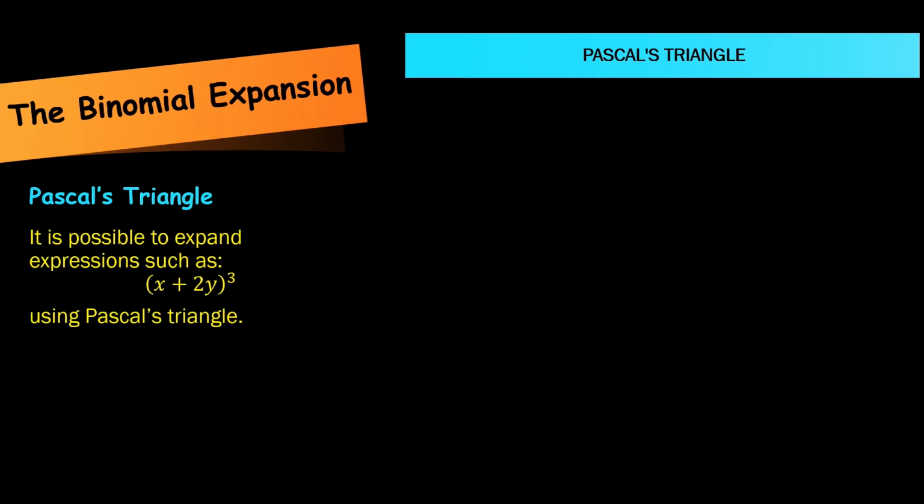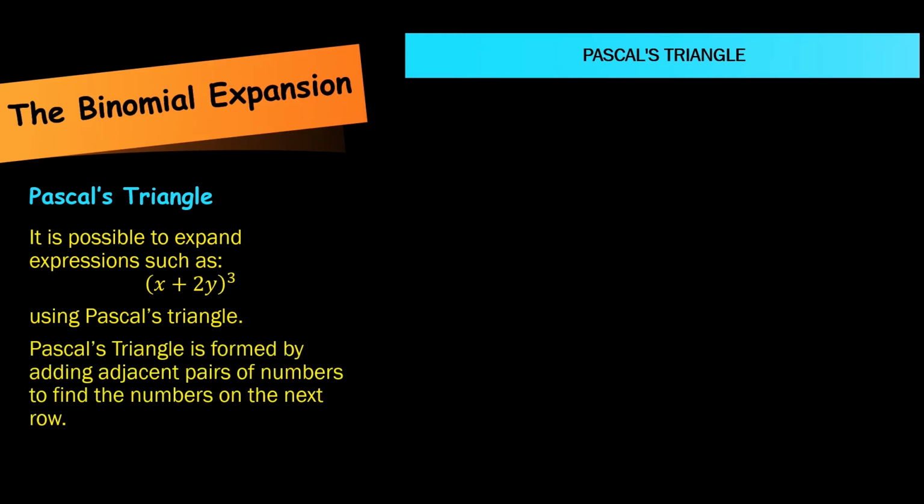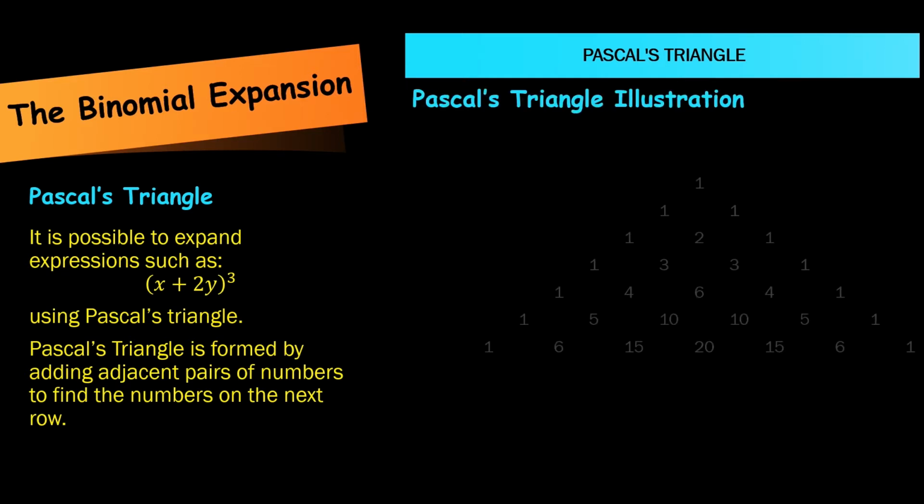It is possible to expand expressions such as x plus 2y all raised to the power 3 using Pascal's triangle. Pascal's triangle is formed by adding adjacent pairs of numbers to find the numbers on the next row. Let's illustrate this.